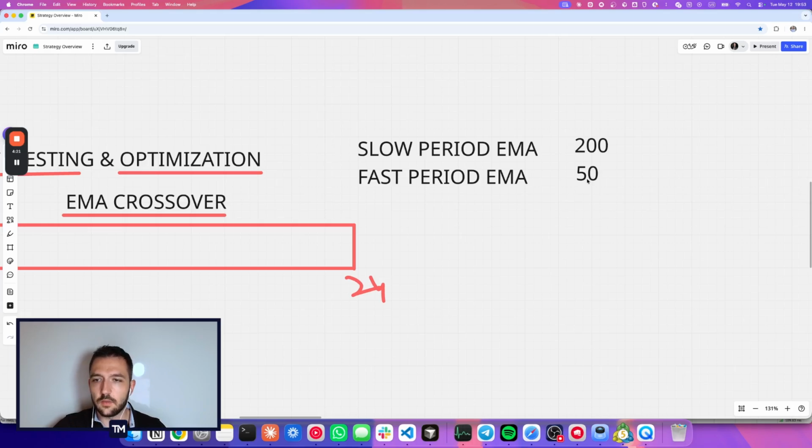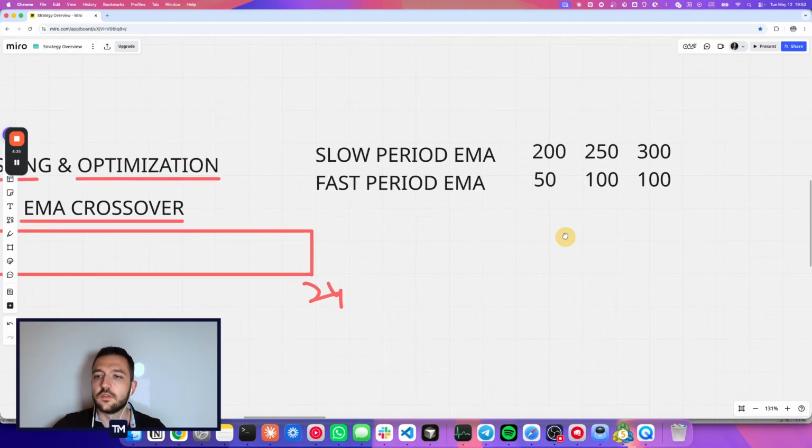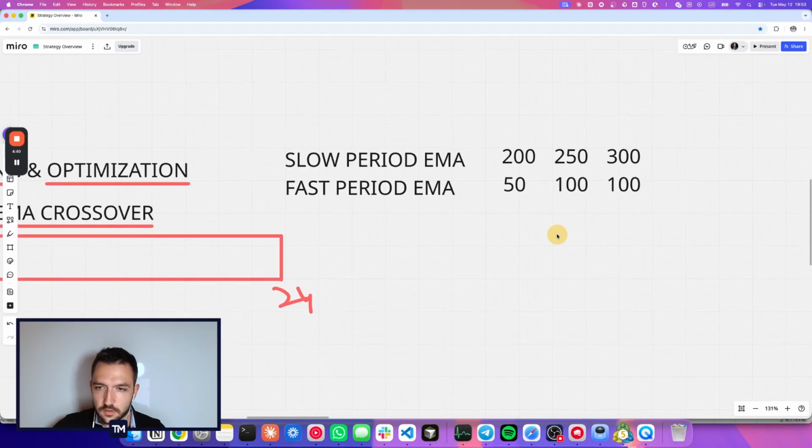But also I want to see what happens if this is 100 and this is, let's say, 250. And let's say I want to see 300 and 100 here. So you can see there are multiple combinations I want to test out, and then I want to find the best one and trade that. So this is what optimization actually is.